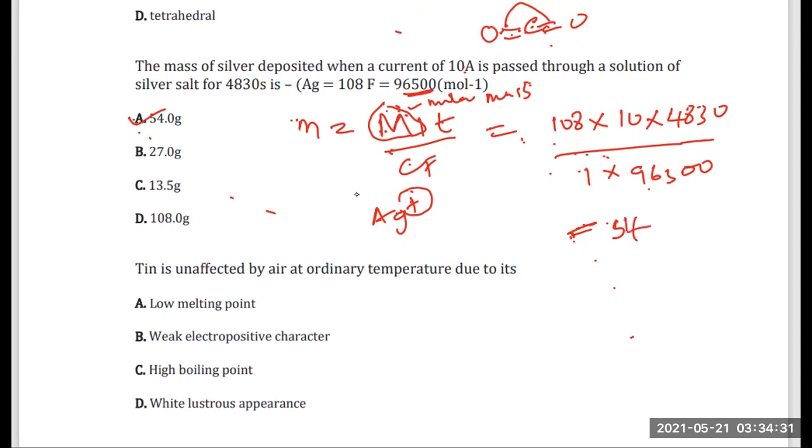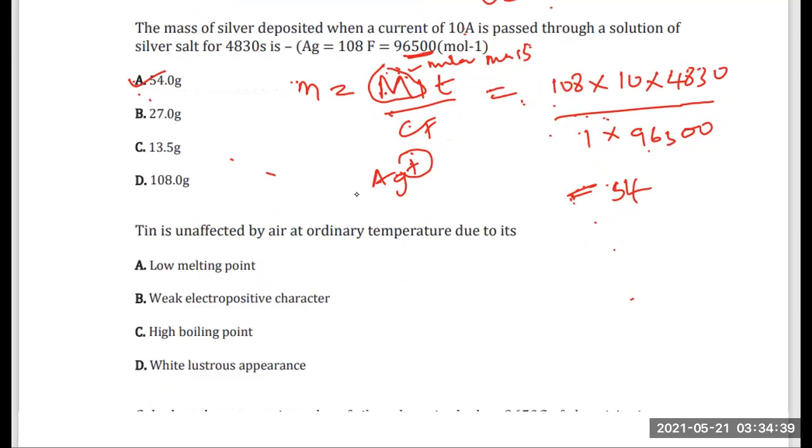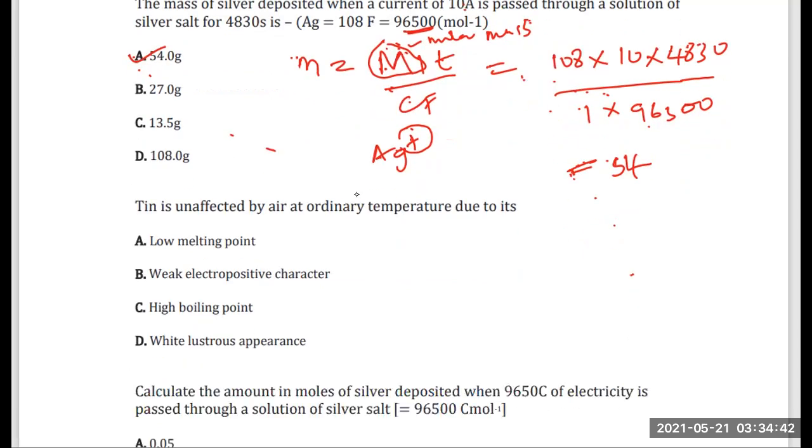Okay. Tin is unaffected by air at ordinary temperature due to what? Of course, we know that it is unaffected by air. That is due to its weak electropositive character. It has a very weak electropositive character, so that means it's not very reactive.